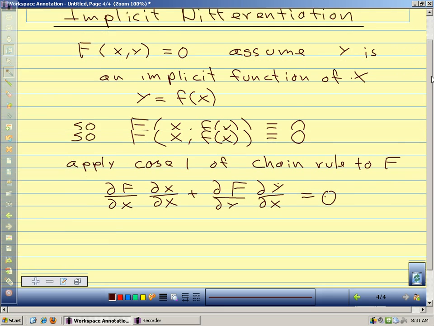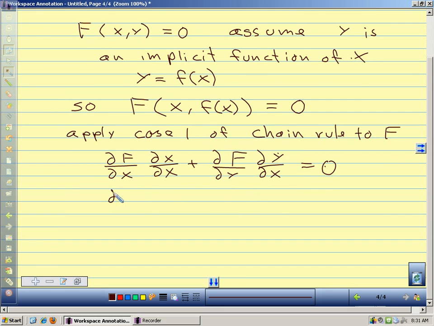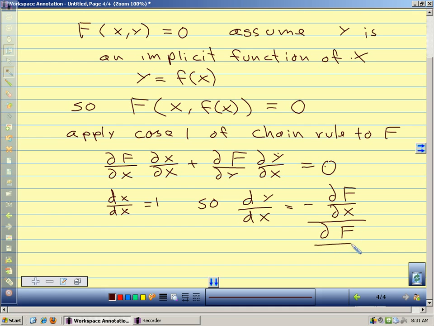But dx/dx is just 1, so I can simplify this. So dy/dx equals minus df/dx over df/dy, and we have to have df/dy not equal to 0.